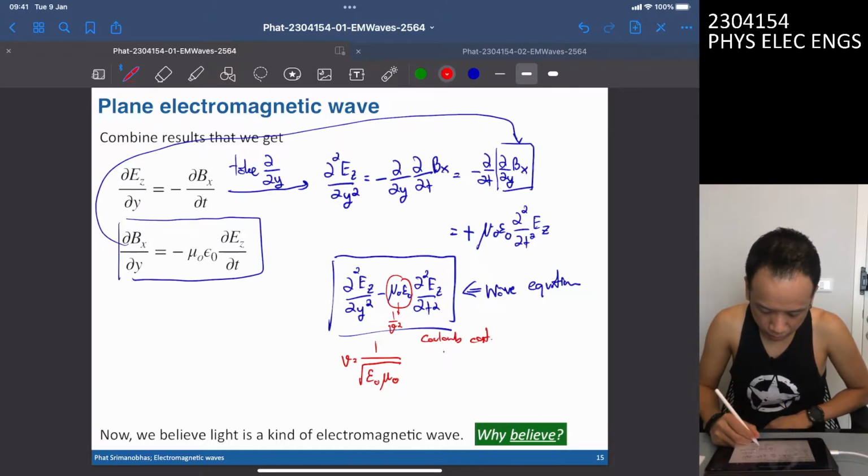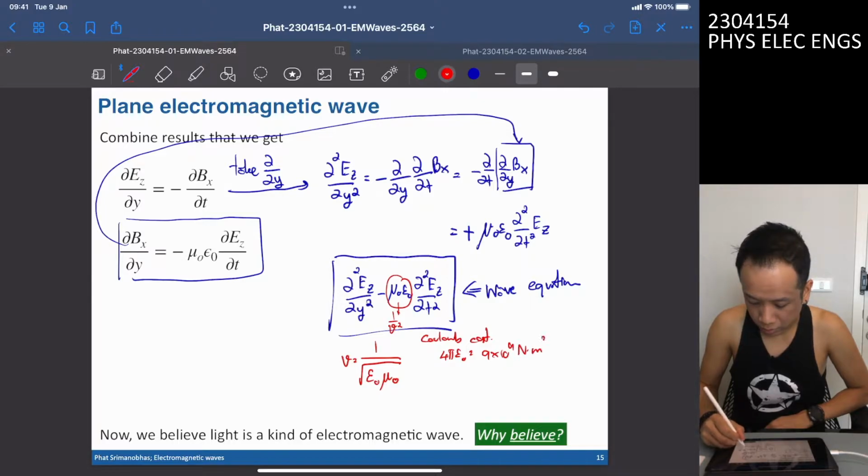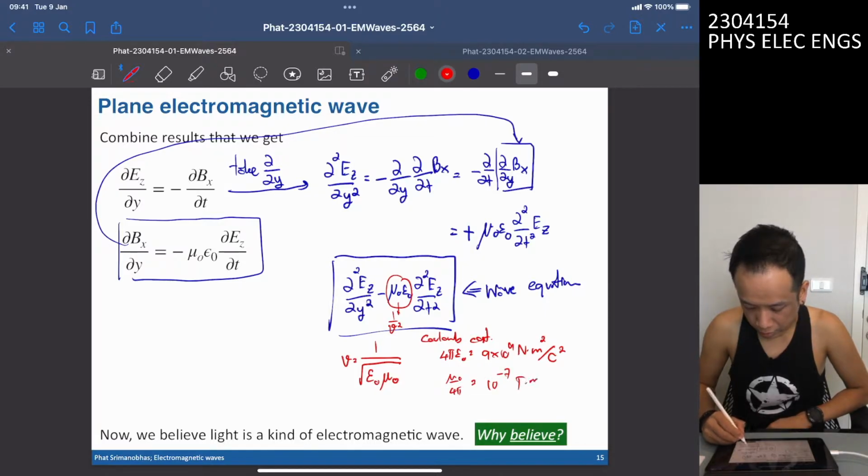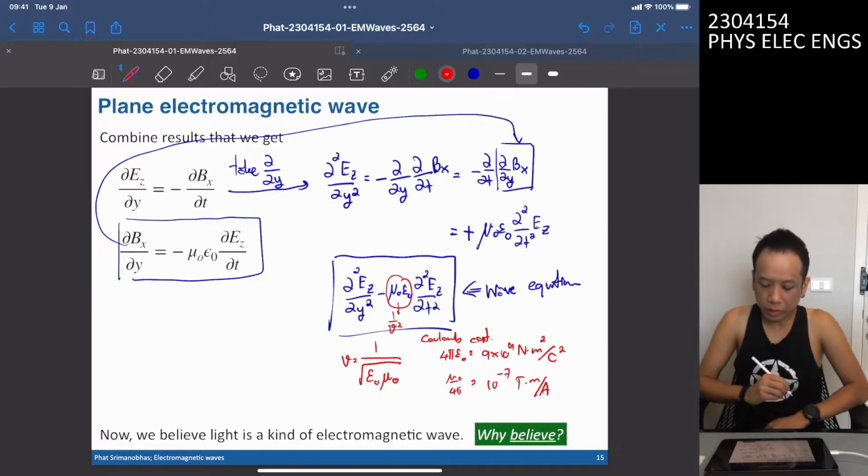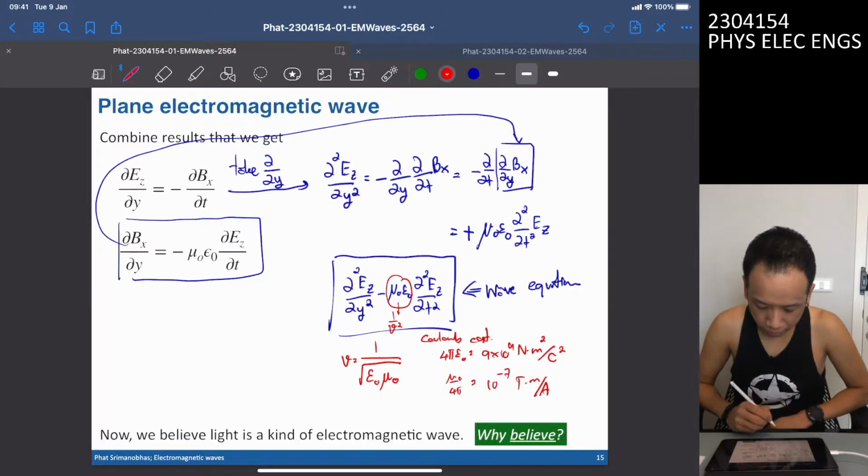You have the Coulomb constant 1 over 4 pi epsilon 0, which is 9 times 10 to the 9 Newton meter squared over coulomb squared. And for mu 0, you have mu 0 over 4 pi, which equals 10 to the minus 7 meter over ampere.